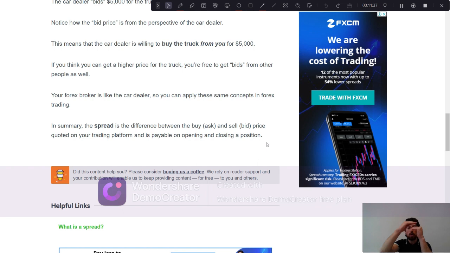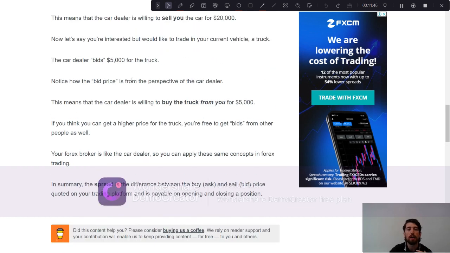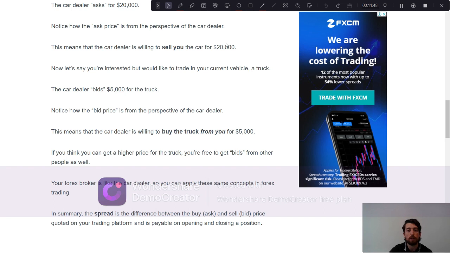So the smaller that gap is, that bid-ask spread, the better it is for you, right? You want it to be as close together as possible, because you don't want the difference to be, for example, 15,000. That's the spread on the bid-ask price.